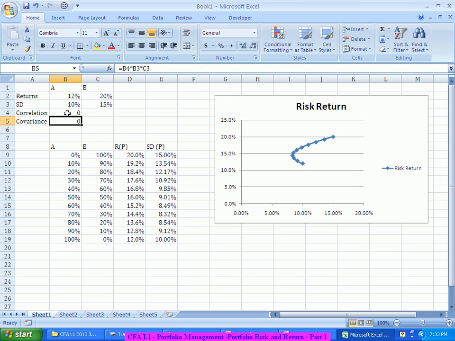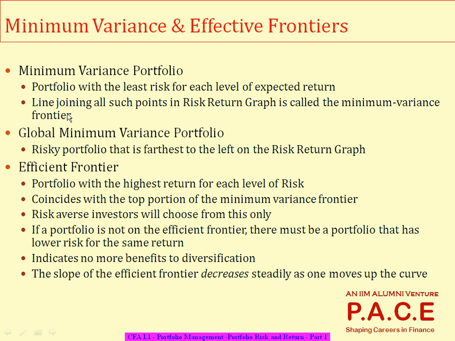Right? That's the minimum risk a person has to take for getting that much return. So for each level of return, what is the least possible risk? When you join all such points, you get a curve. That curve is called the minimum variance portfolio. Minimum variance, minimum risk for each level of return.